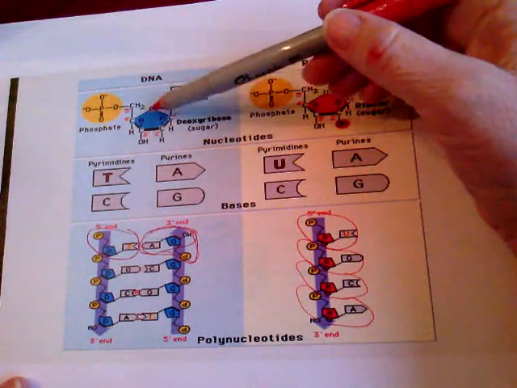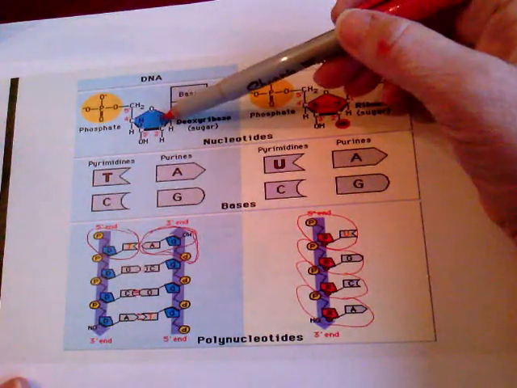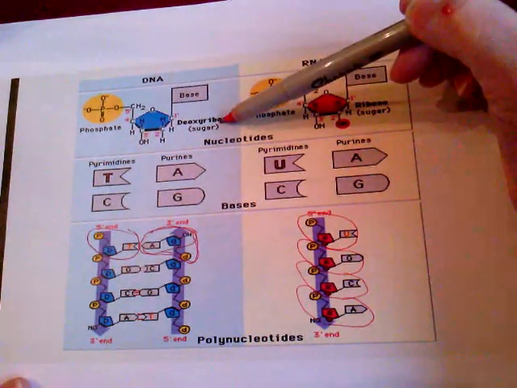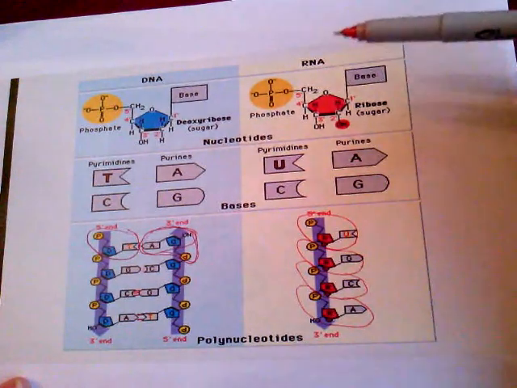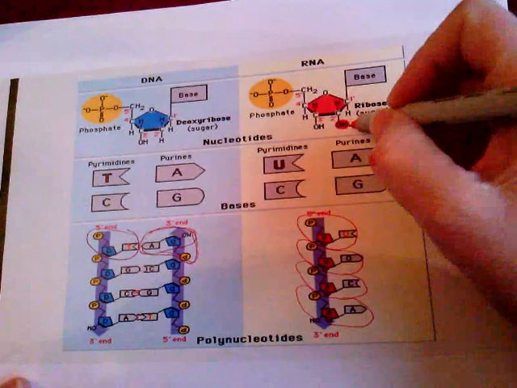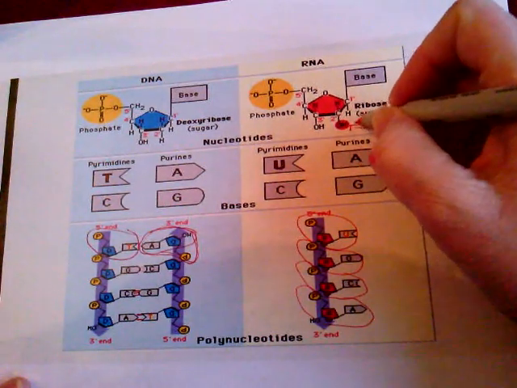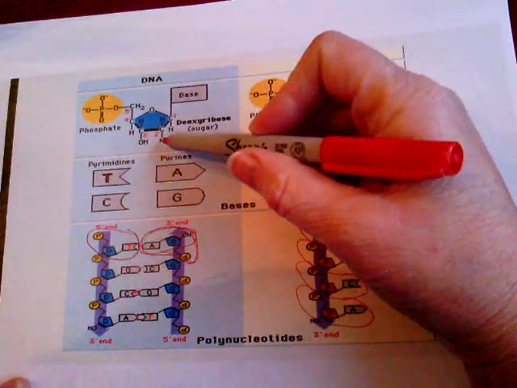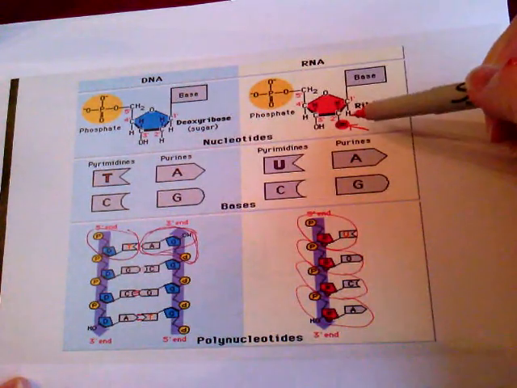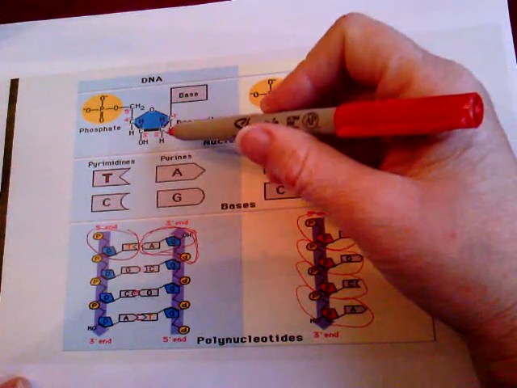But here's where it starts to get different. This sugar here in DNA is called deoxyribose. This sugar here in RNA is called ribose. Why? What is the difference between them? And it's right there. See that right there? There's an OH. Here, it's only an H. It's deoxy over here.